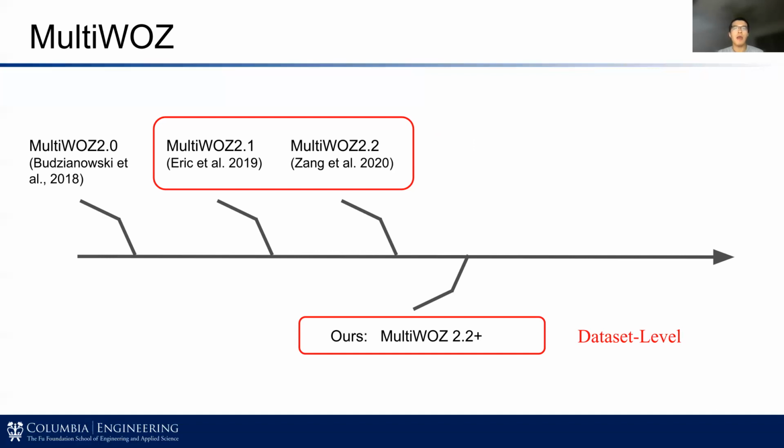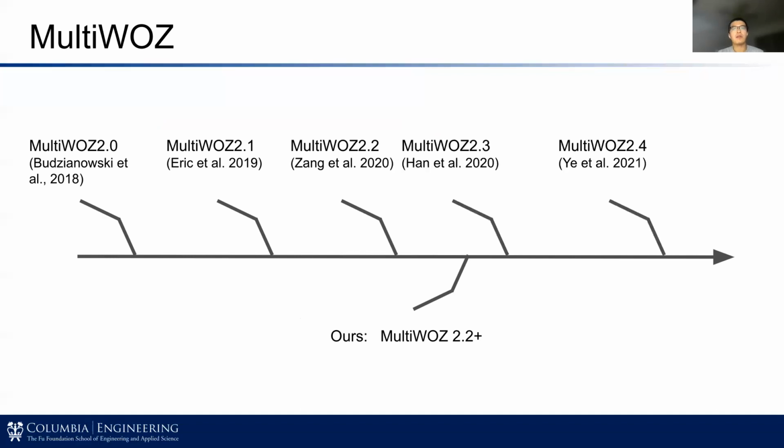However, if the pattern is always changing, that will probably confuse the model. And as I mentioned before, this dataset attracts more and more attention, and more researchers are willing to help improve it. So another two works, version 2.3 by Han and 2.4 by Ye, have been published so far.